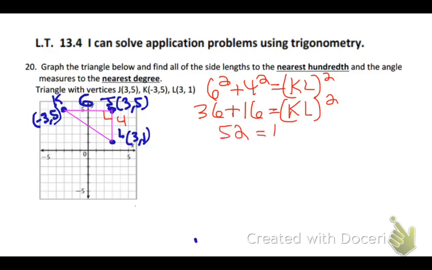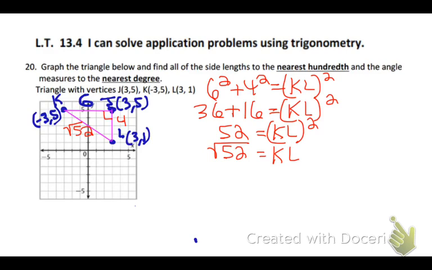So 52 equals KL squared. So KL is the square root of 52. So we'll list that, square root of 52. And then all we need to find now are just the angle measures.